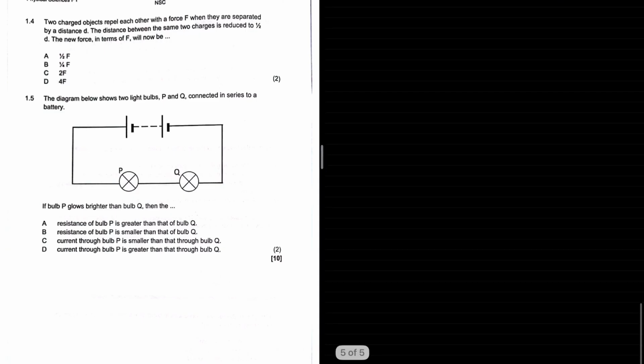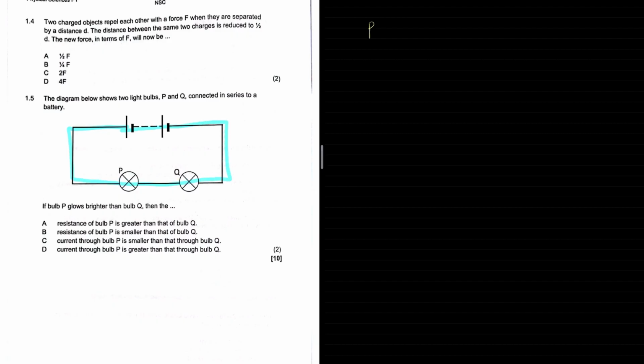And moving on to the last question, which is the electricity question. The diagram below shows two light bulbs, P and Q, connected in series to a battery. If bulb P glows brighter, so when I think of brightness, we think of power. What I'm noticing here is that this is all in series.